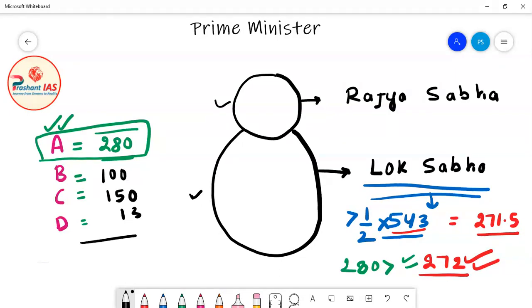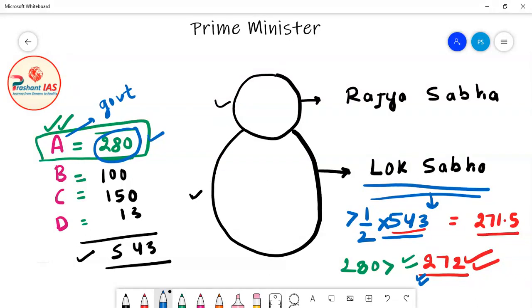When you sum up all these, the result is 543, the total seats in Lok Sabha. Only Party A's 280 is greater than 272, so Party A will form the government.